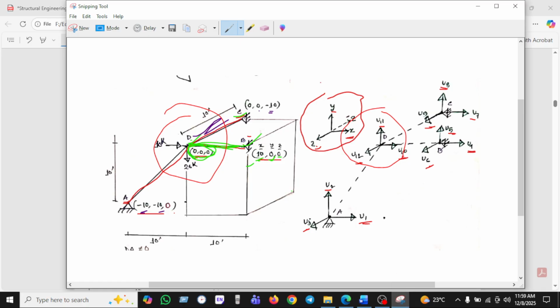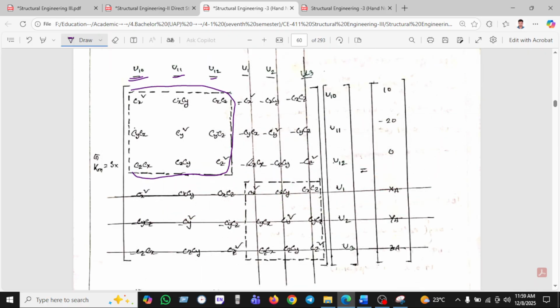If we go to this picture, we have seen displacement 10, displacement 11, and displacement 12. Why did we choose this element only? Because this is free. Otherwise all the other points are fixed. That's why we will not take the other points.